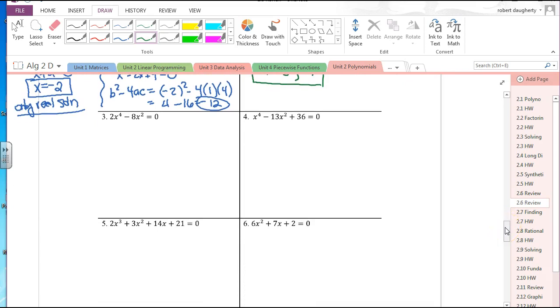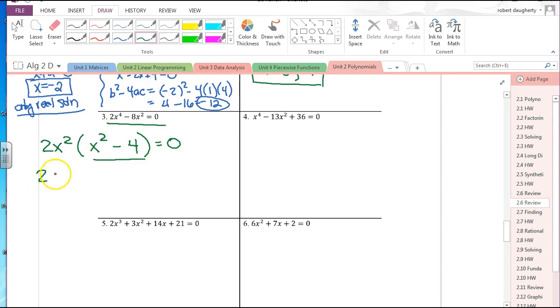Number 3. When I look at this, the first thing I see, there is a greatest common factor of 2x squared. When I factor out a 2x squared, I'm left with x squared minus 4 is equal to 0. What you see in parentheses is the difference of 2 squares.